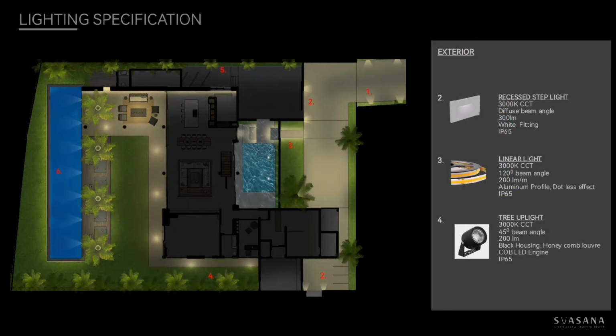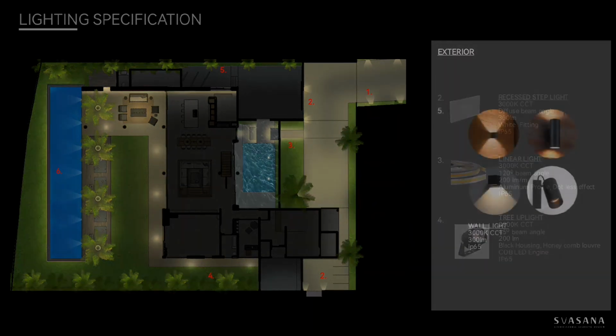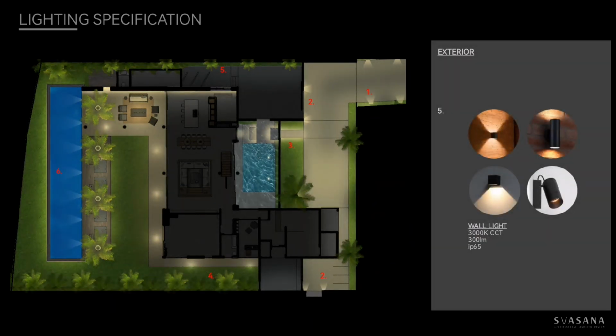And then number two, I already explained before, for the recessed step light, and then linear lighting, and then tree up light. And then in number five, I have an idea to basically highlight the wall for the circulation there, for the surface circulation there. We get light from the wall.